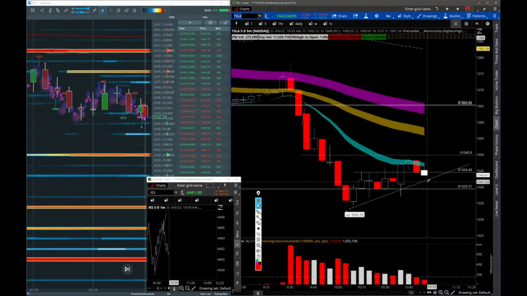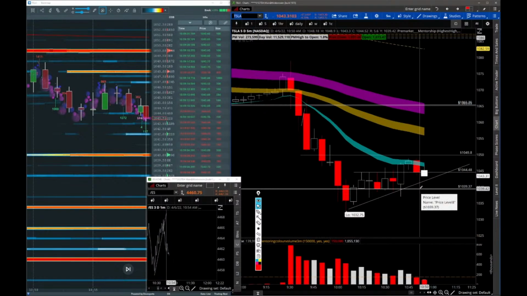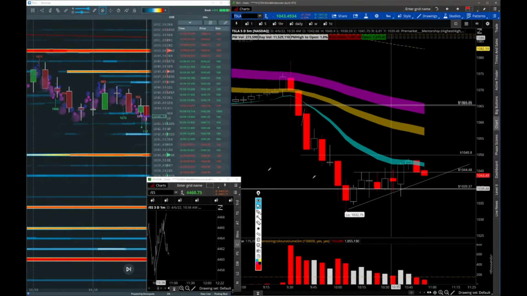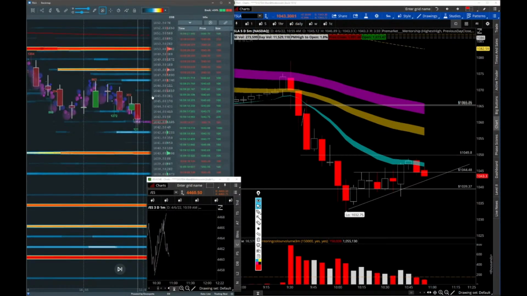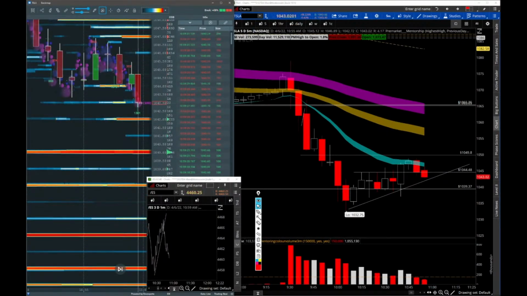Let's see if we can get this uptrend line, at least 1042, right? Before we can get a little bit of trailing. There we are. Beautiful. A little bit more unwind below the 50s.